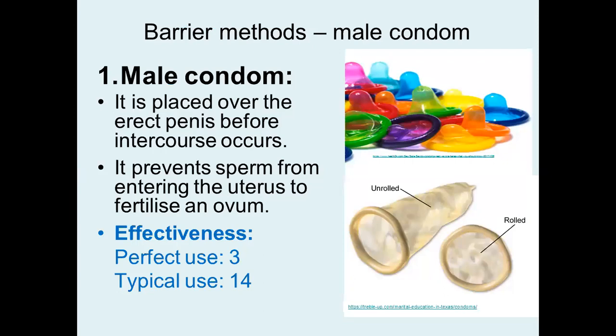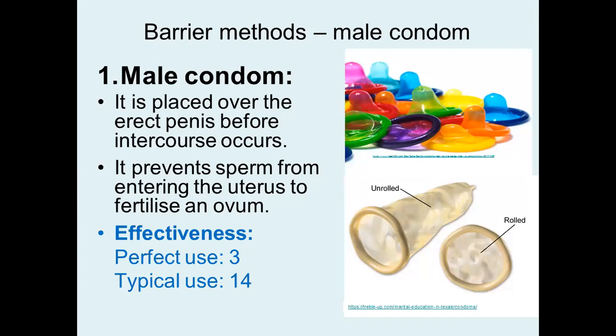Okay, so let's have a look at some male condoms. A male condom is placed over the erect penis before intercourse occurs. It functions by preventing sperm from entering the uterus and therefore preventing the fertilization of an ovum. And here, effectiveness, perfect use 3.